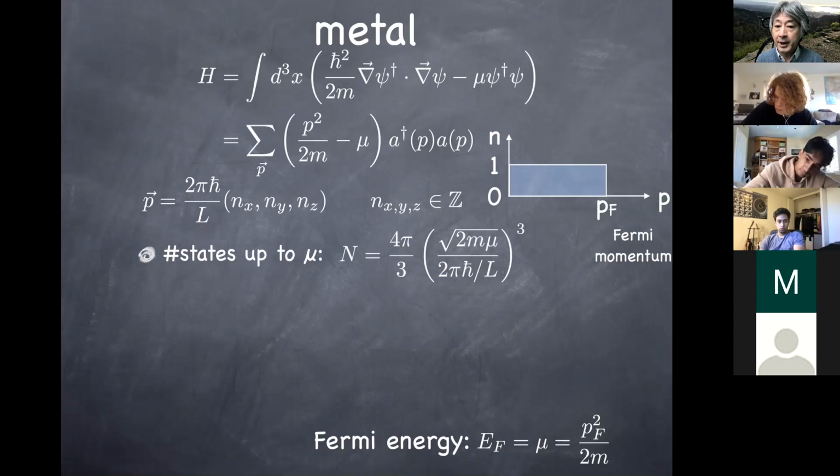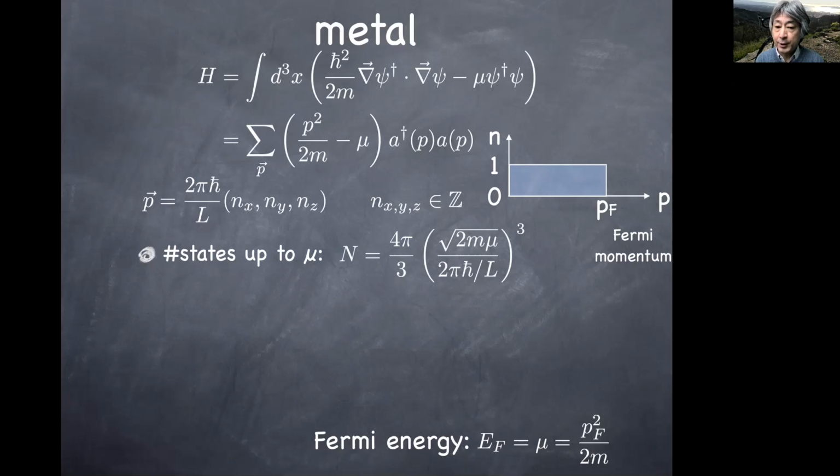And up to the Fermi momentum, you count the number of states by assuming that this is a sphere. So 4 pi over 3 times the Fermi momentum cubed, in units given by 2 pi h bar over L. So this is the total number of particles you have in the system. And I'm still ignoring spin. So to the extent I ignore spin, this is the total number of electrons you have up to the Fermi energy mu.